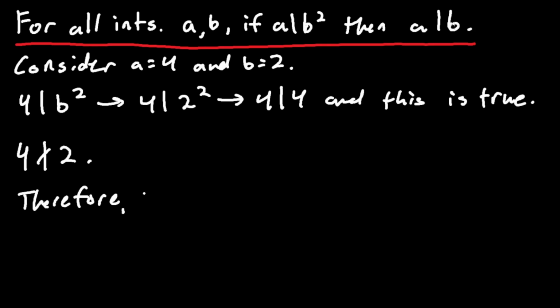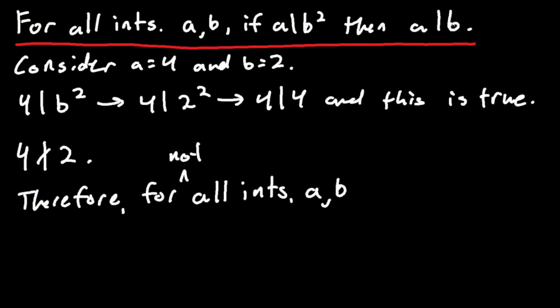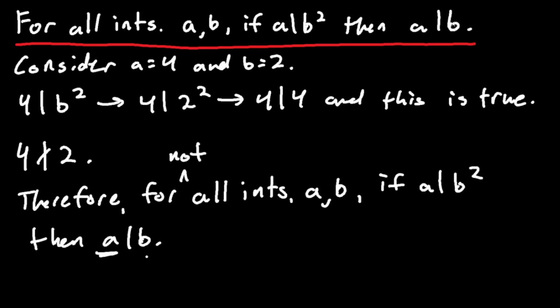But we could write down: therefore, it is not true that for all integers a, b, if b squared is divisible by a, then b is divisible by a. I keep saying divisible in the wrong order. But anyways, this is it for the video.